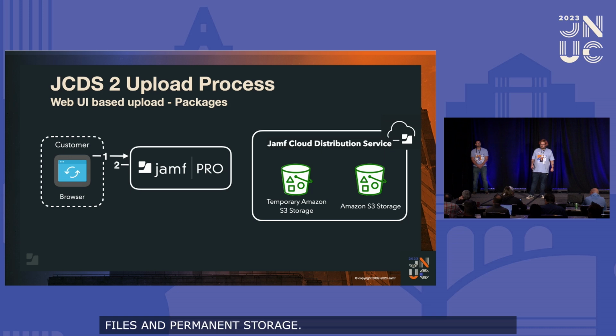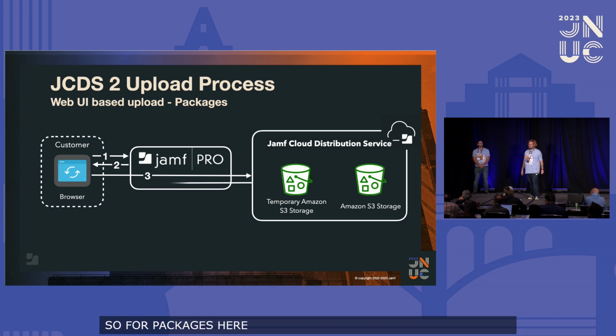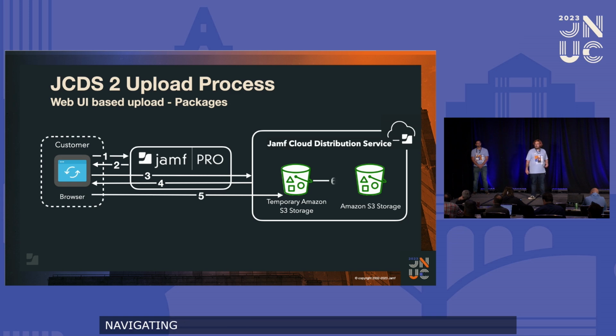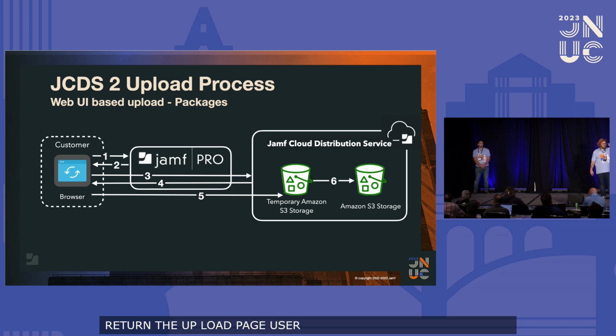And then for packages here, step one, the browser session starts the process by navigating to a page for uploading to JCDS. That may be the packages settings page, could be the books or mobile apps page. Step two, Jamf Pro is going to return the upload page user interface. Step three, the user selects the file in the browser.